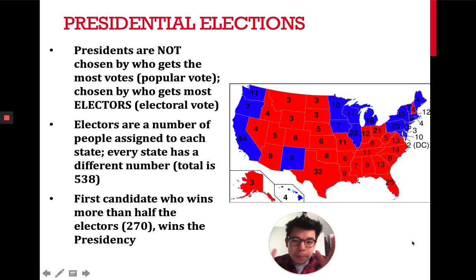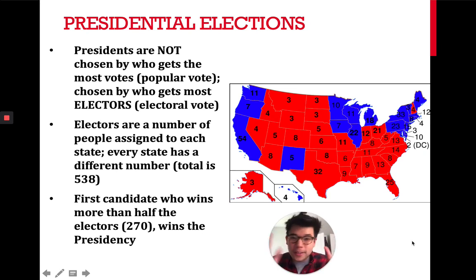So the bigger the population, the more electors it's worth, and getting all those electors, that electoral vote, is what actually decides a presidency. In total, there are 538 electoral votes that someone can get. And so the first candidate who wins more than half of that, which would be 270, wins the presidency.